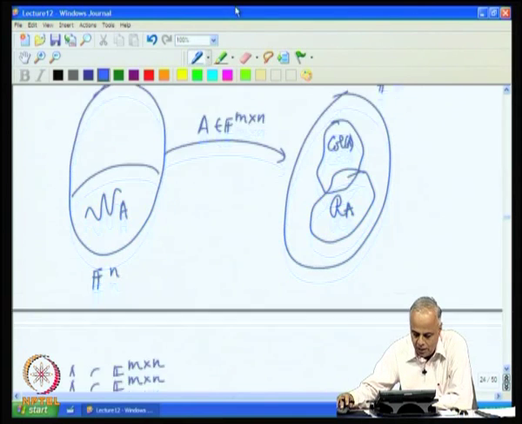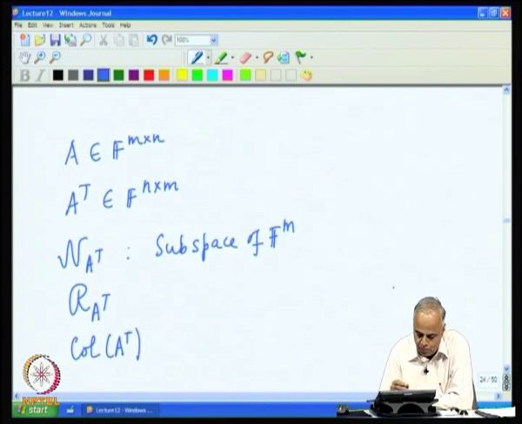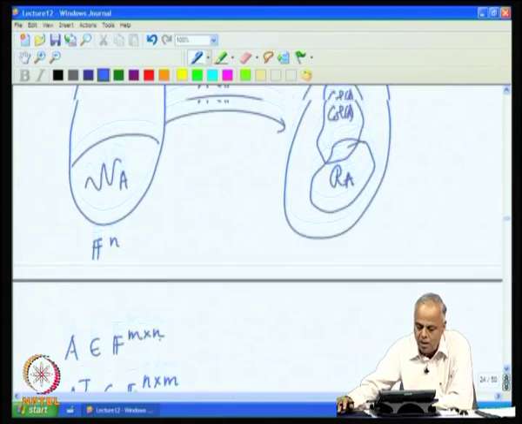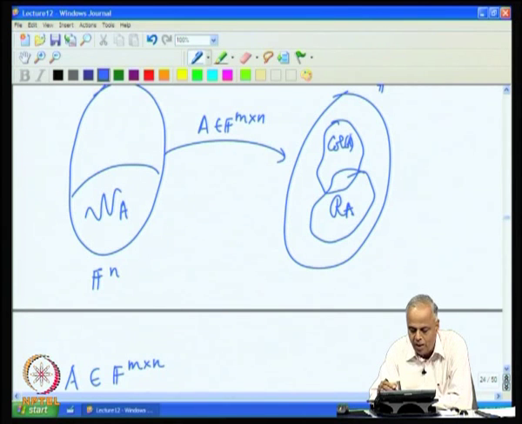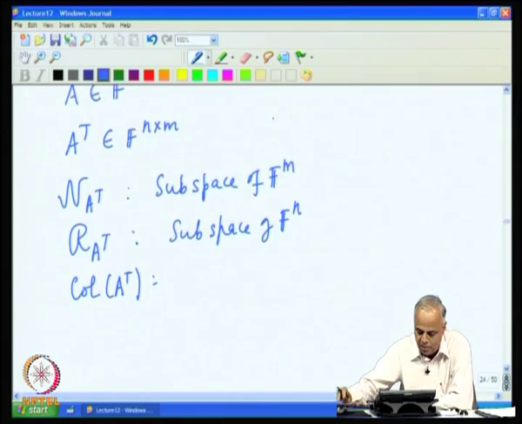So, similarly, if I have a matrix A transpose which is n by m, the range of A transpose will be a subspace of Fn. And the column space of A was a subspace of Fm. So, the column space of A transpose will be a subspace of Fn.